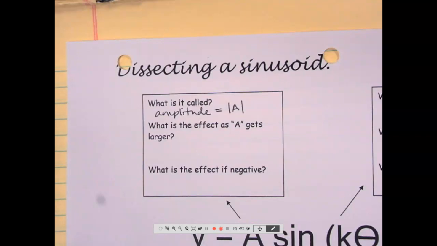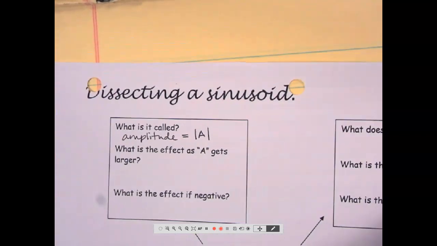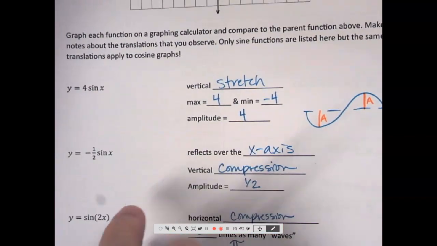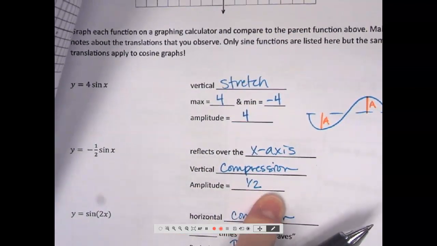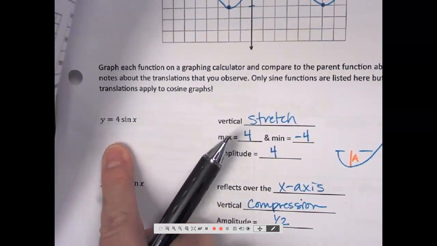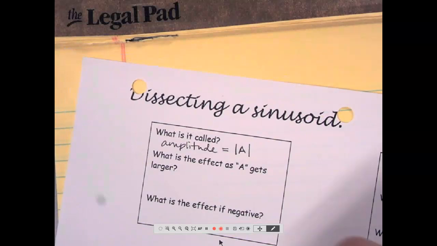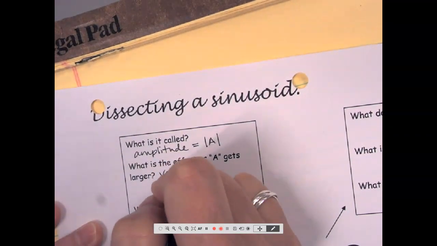What is the effect as A gets larger? So compare having that A of 4. It was a stretch compared to 1/2 that we called compression. So what if I made A 8, 10, 20? What would happen? It would get taller, wouldn't it? To use a non-technical term, it's a vertical stretch.